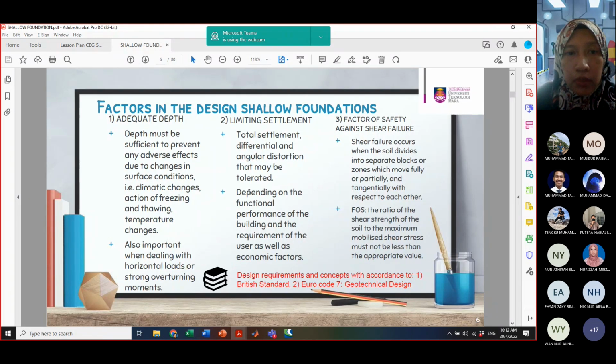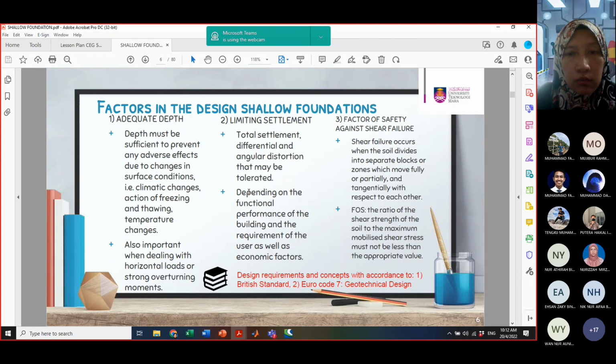Okay, what are the factors in the design of shallow foundations? These are very important for you to understand. In order to design shallow foundations, you have to check on the adequate depth, then limiting settlement, and lastly the factor of safety against shear failure. All these can be complied to Eurocode 7, or it can be suited to the British Standard.